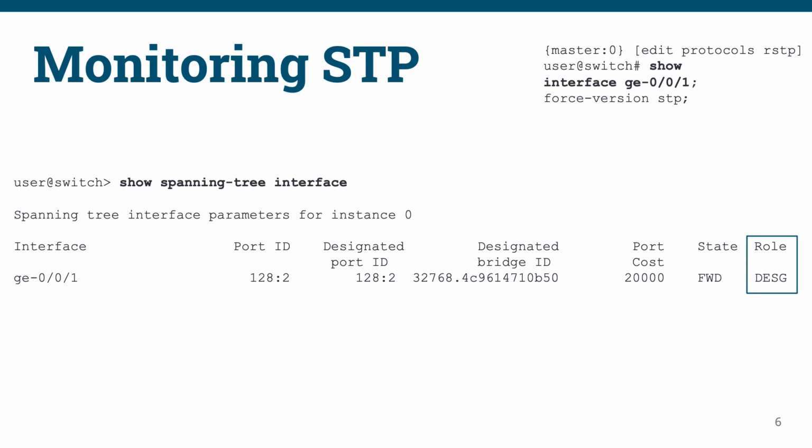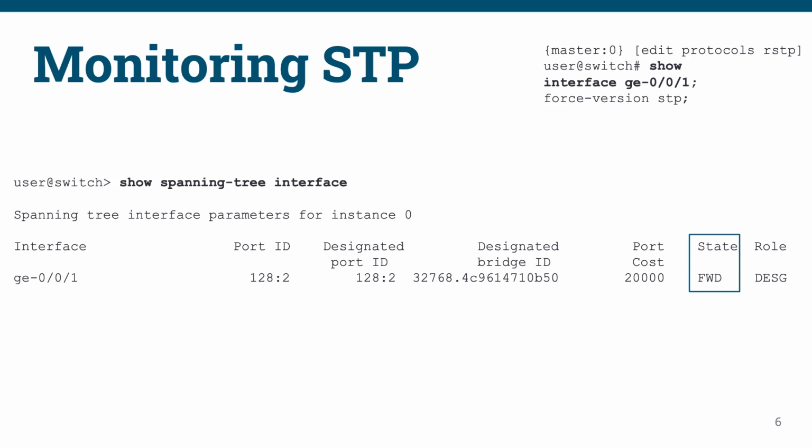In STP, this will show a value indicating the interface is a designated port, root port, or blocked port, as these are the only three port roles that exist in STP. In the next column left, we have the port state for each participating interface.